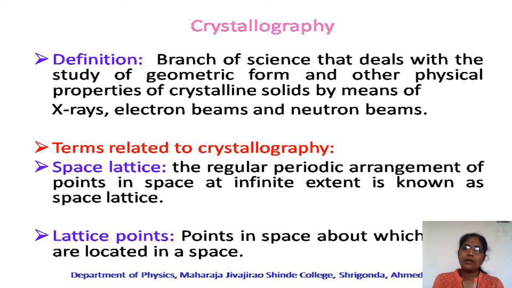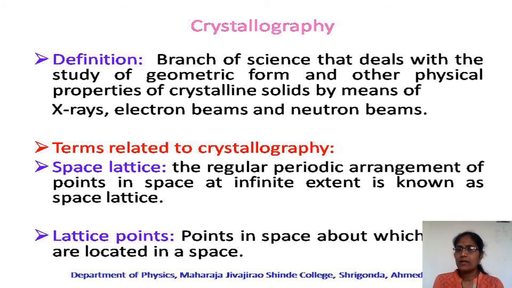Then, in order to understand crystallography, we should learn a few of the terms related to crystallography. First one is space lattice. What is space lattice? Space lattice is nothing but a regular periodic arrangement of atoms in three-dimensional space so that each point will have the same environment as that of the other.